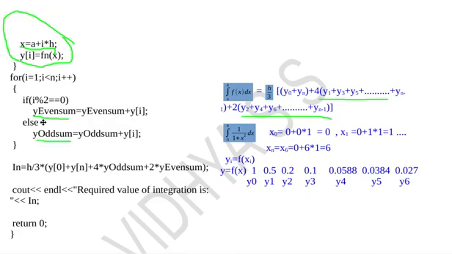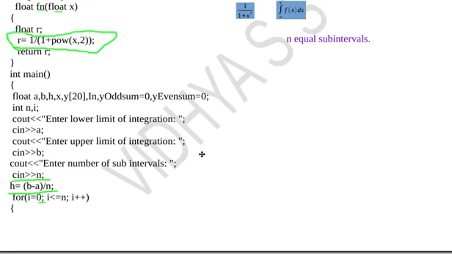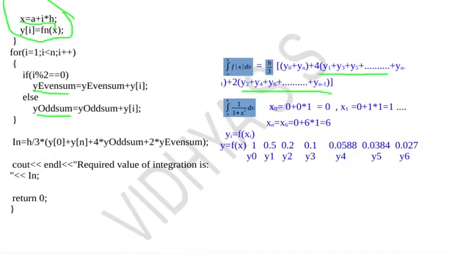Here keep in mind that y even sum and y odd sum are declared as float variables, and I have initialized them as 0 in the initial step. First take i equal to 1, that is y1 to yn minus 1. I need to find the sum of odd as well as even terms. So the loop starts from i equal to 1 and goes to n minus 1.